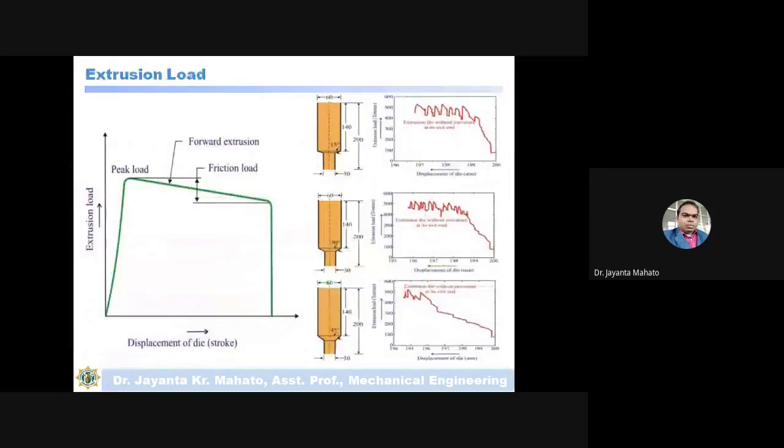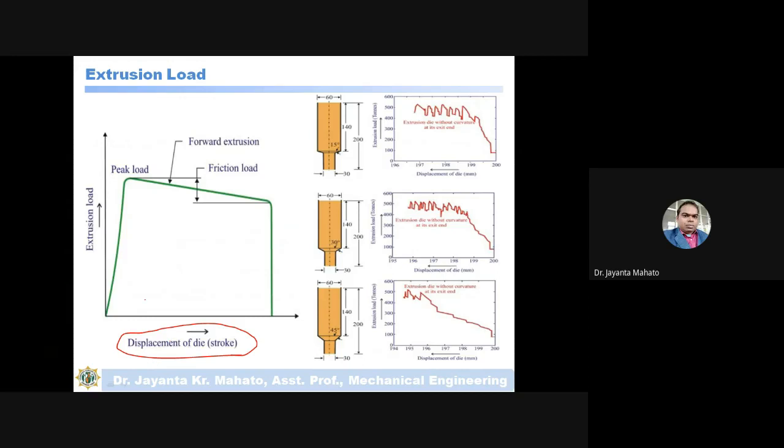Now, this is the graphical representation of how the extrusion load varies along with the displacement of the die, or movement of the ram. Either you move the ram or you can move the die.